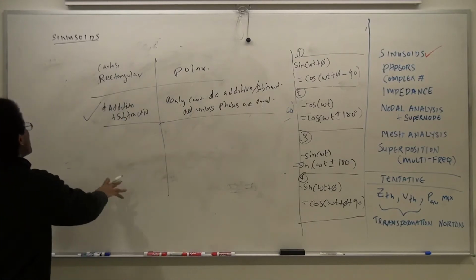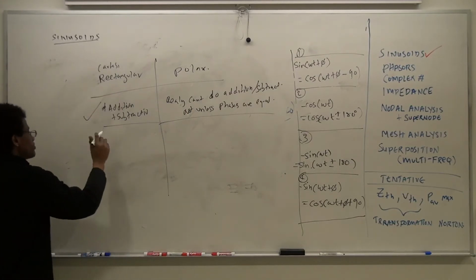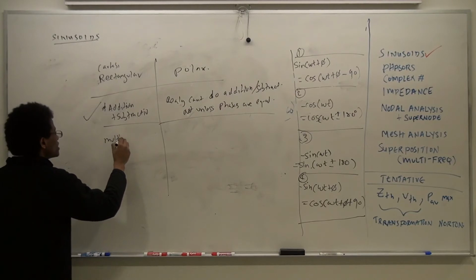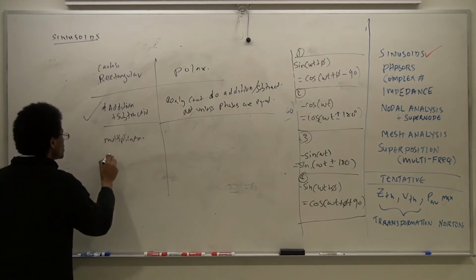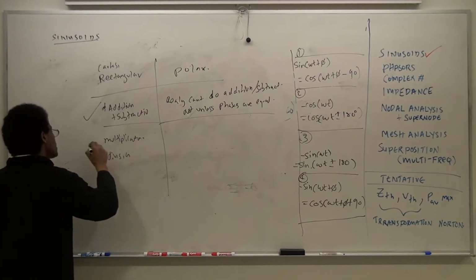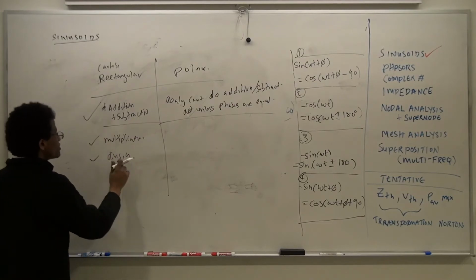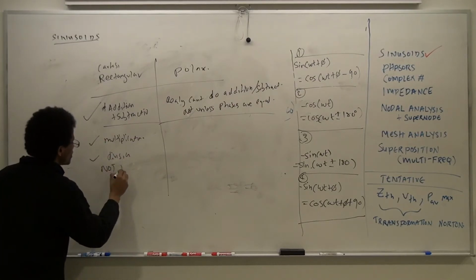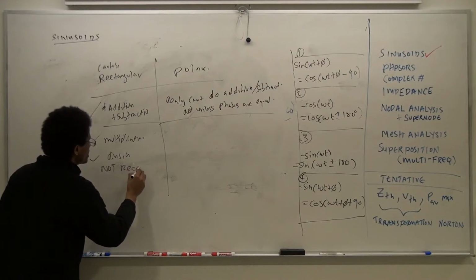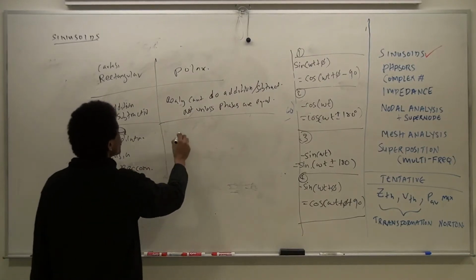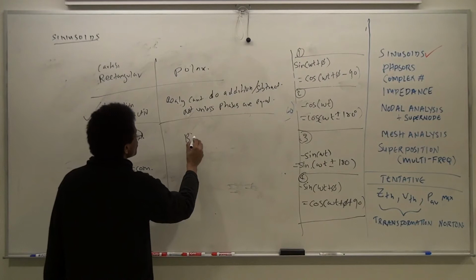Now everything else, like multiplication and division, rectangular can do, but it's not the way to go. It's not recommended. You want to go with polar coordinates. This is the best way to do it.